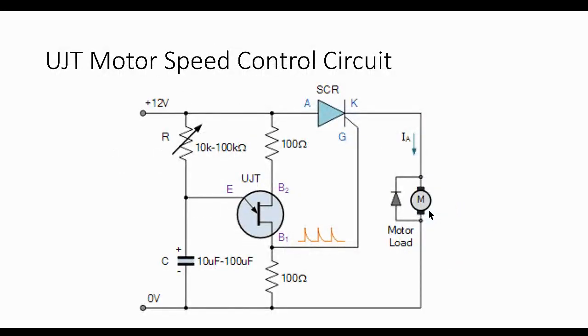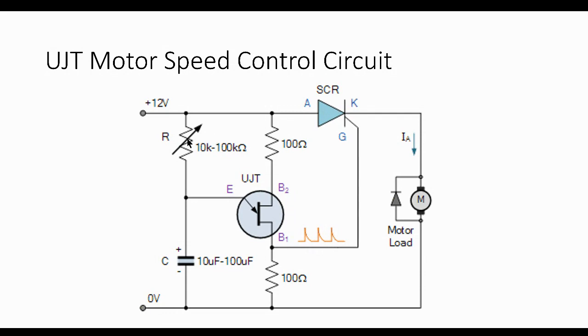Right, so we then look at another application where we use the UJT to fire or to control the speed of this motor. By using this relaxation oscillator, we're able to generate the narrow positive pulse that we so desire, and apply it to the gate of our SCR and trigger it.